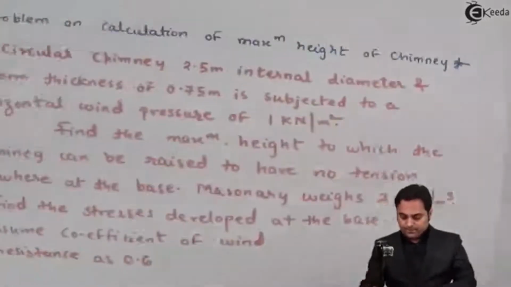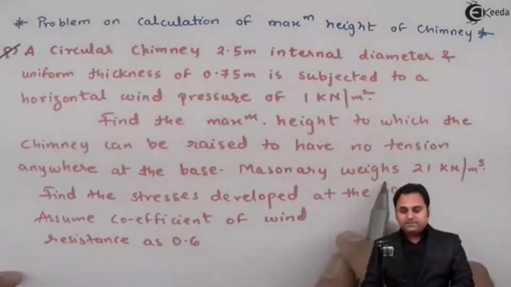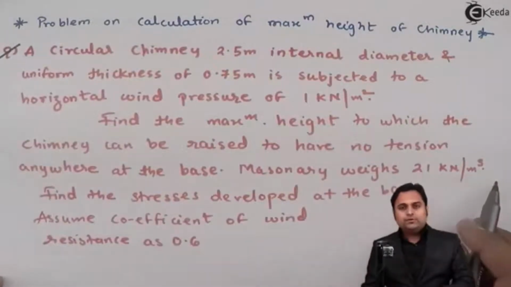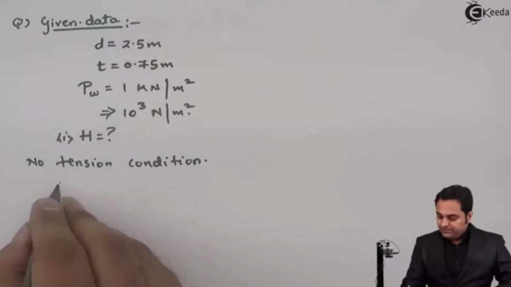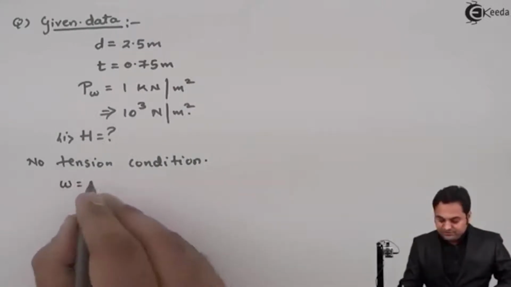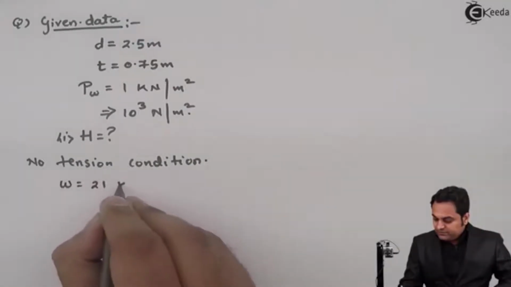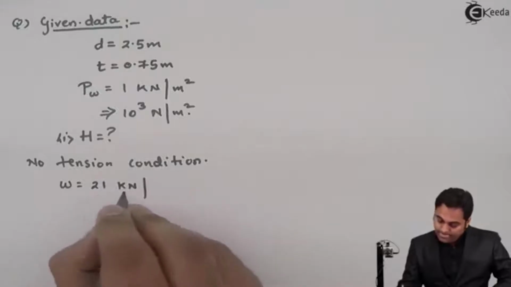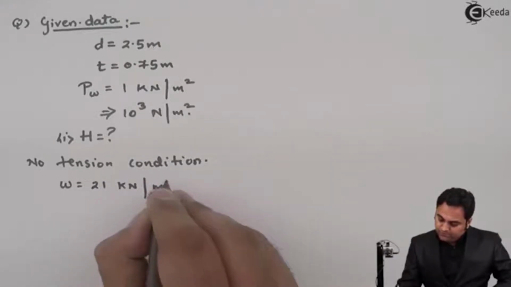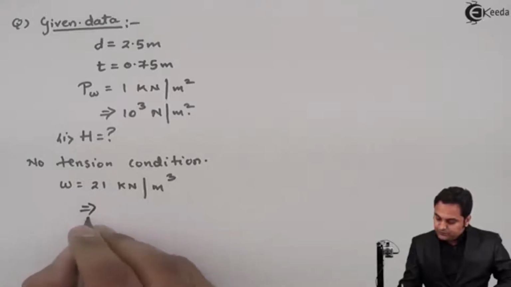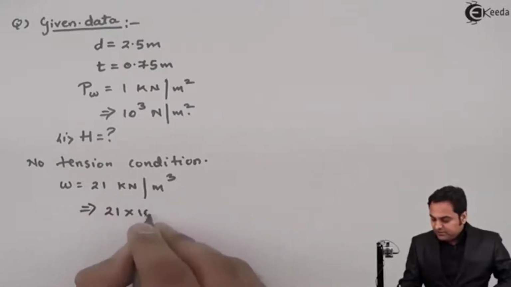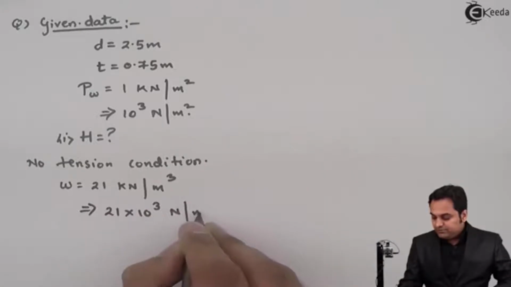Next, the masonry weighs 21 kilonewton per meter cube. This is the weight density of the masonry. That is another word for chimney. So it is 21 kilonewton per meter cube, that is 21 into 10 raised to 3 Newton per meter cube.